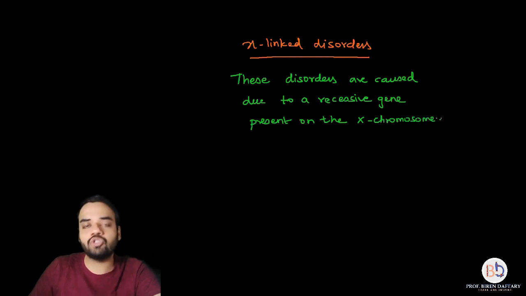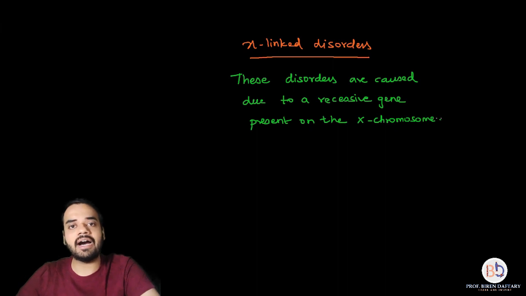So if I see that a recessive gene is present on the X chromosome, then that will lead to the disorder, whereas if a dominant gene is present on the X chromosome, then there will be no disorder and that person, either male or female, will be normal.